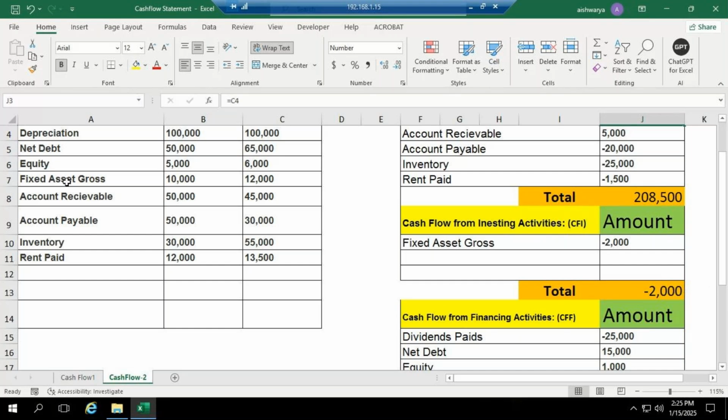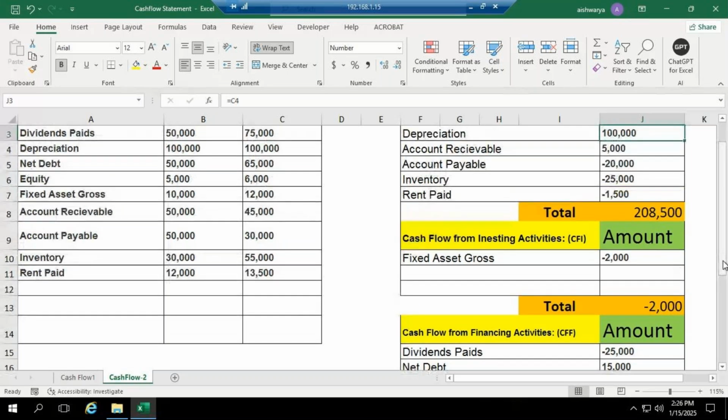Fixed asset gross is nothing but minus 2,000 because we have paid that. Then accounts receivable, 50 and 45. Receivable means plus 5,000 only, it is in the matter of receiving.